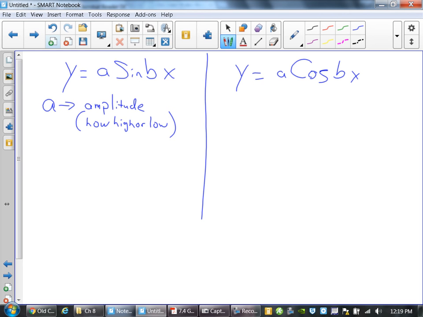How high or low it goes, the peaks and the valleys. The B value allows you to figure out period. And this works for either one of them, sine or cosine, and it'll work for tangent as well. Do you vaguely remember how to find the period?